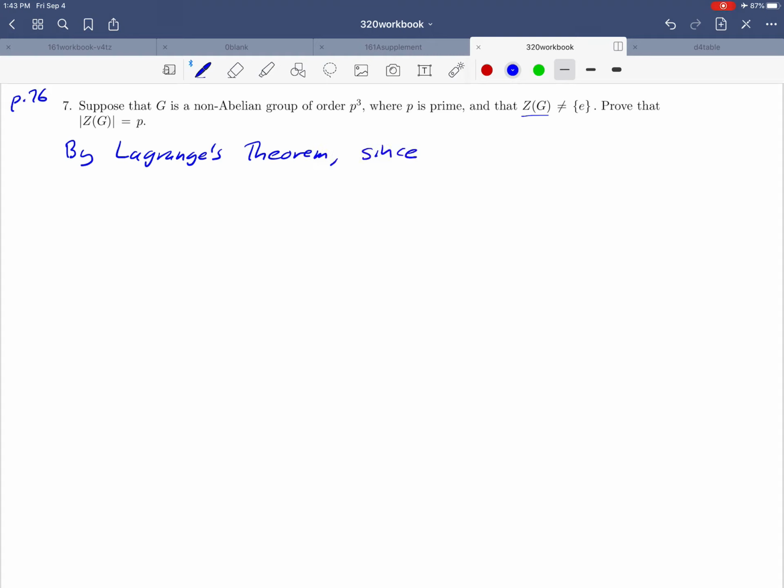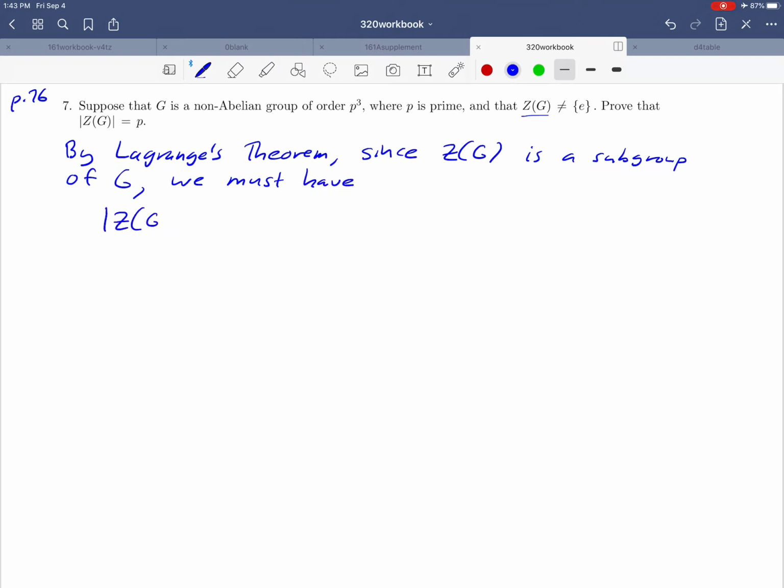Since we know that the center, Z of G, is a subgroup of G, the order of the center has to be a divisor of the order of the group. So what possibilities does that allow for?